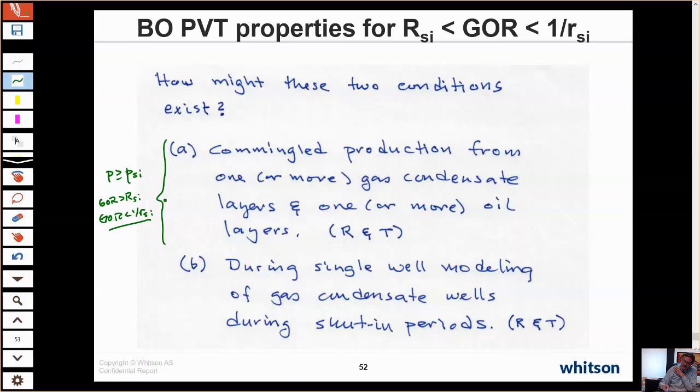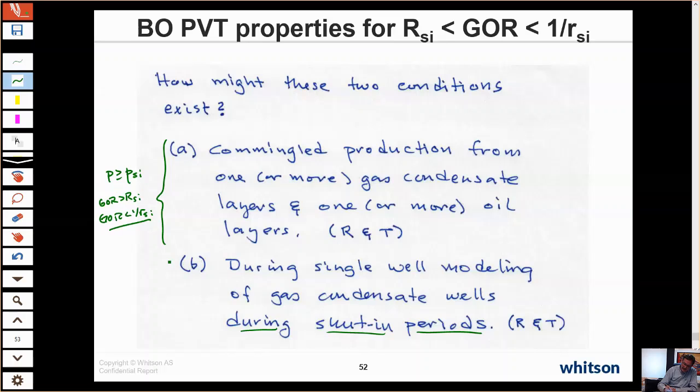Second reason is if you're modeling single-well models of gas condensate wells, if you're trying to study condensate blockage and compositional effects before and after shut-ins, looking at well test CGR variations, whatever it might be, what you'll find is that near the wellbore, maybe as far out as 100 meters, during the shut-in what was originally a gas condensate gas phase will turn possibly into an oil phase or a two phase in exactly the same region here.